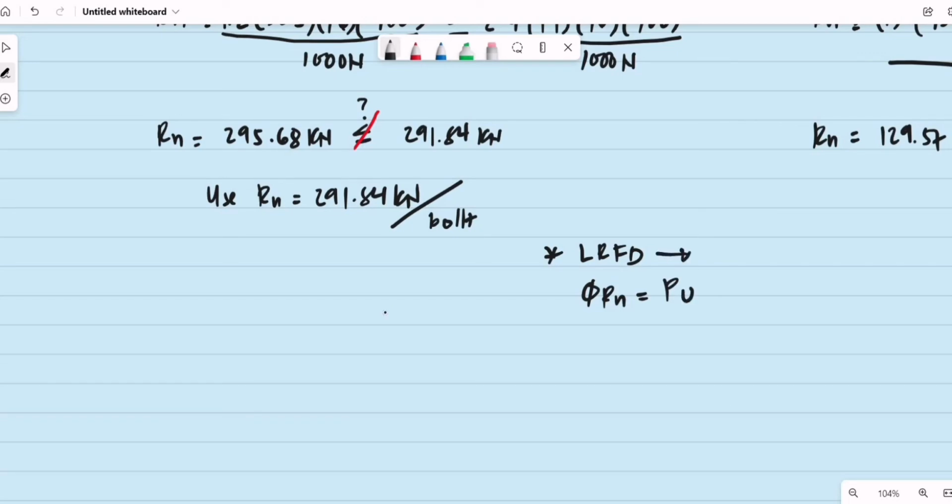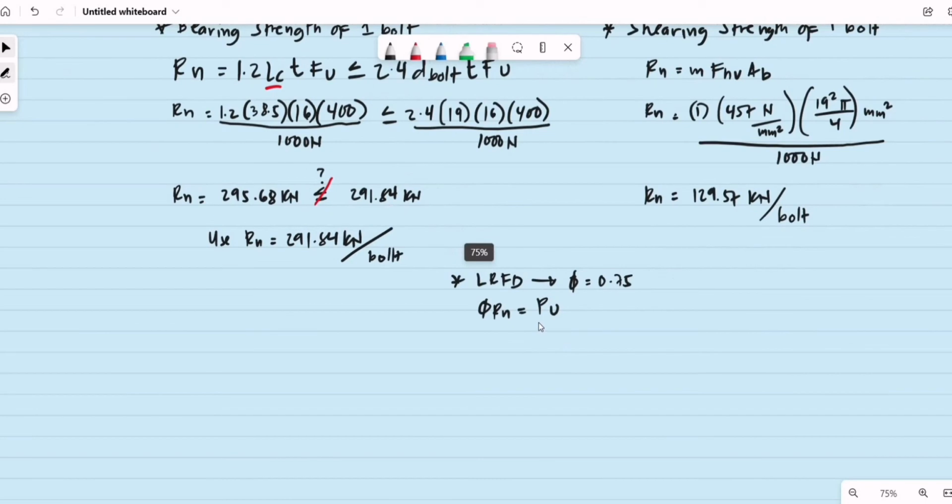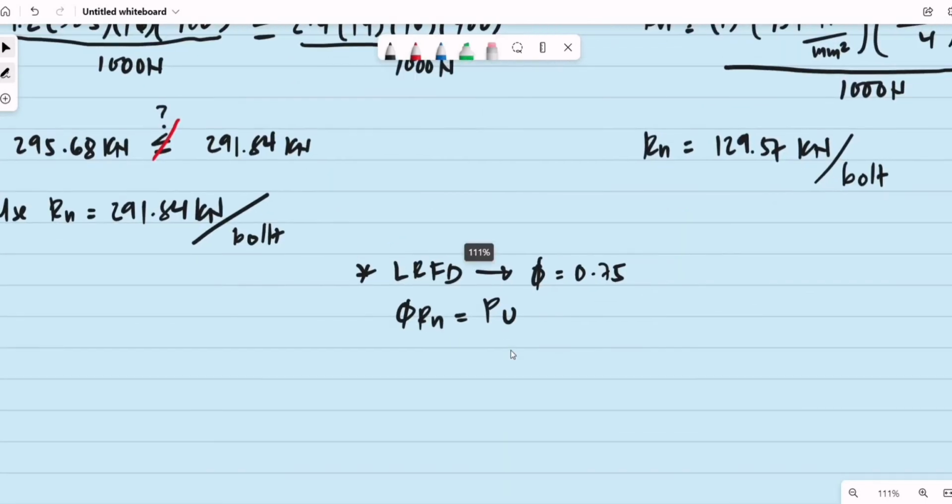So for LRFD, our reduction factor phi is equal to 0.75. So let us now determine the number of bolts needed. The capacity of 1 bolt is 129.57. I will be using this value.